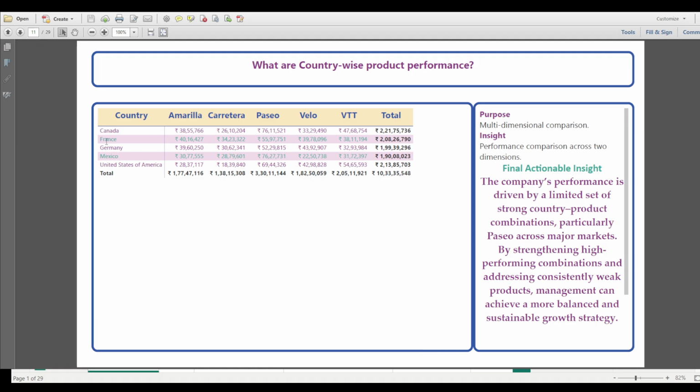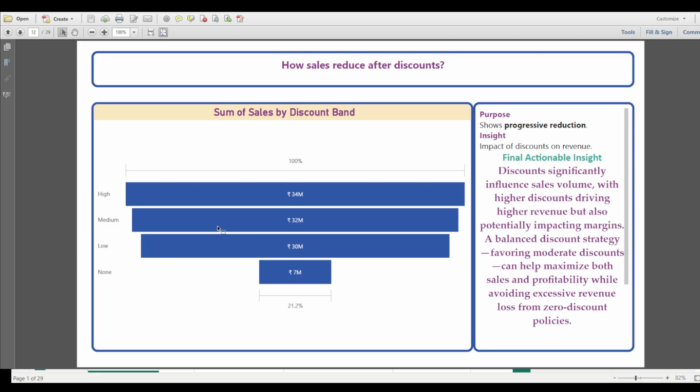This is a matrix wherein we are showing country as well as product-wise performance, right? If you want to map Canada and Amarilla both, this is the intersection of Canada and Amarilla performance, and it is 38,55,766. So you can use a matrix also.